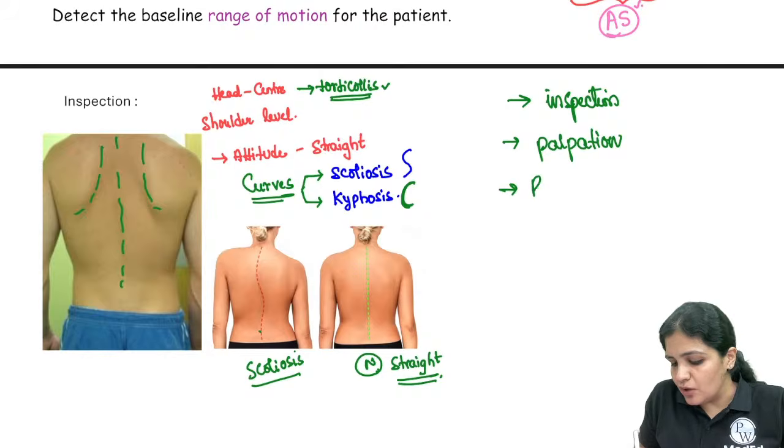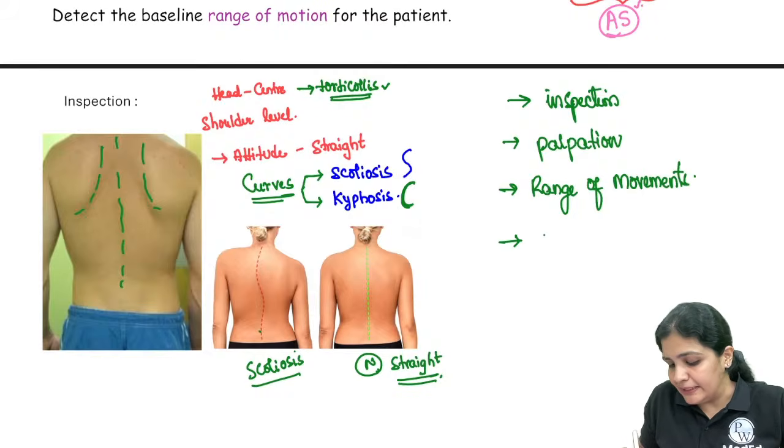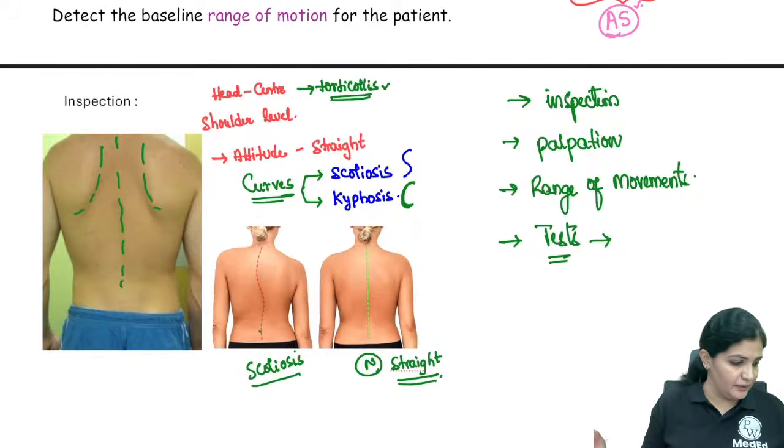Next is your range of movements, where you see the range of the movements. And finally you will do certain tests which will help you understand the type of the pain.